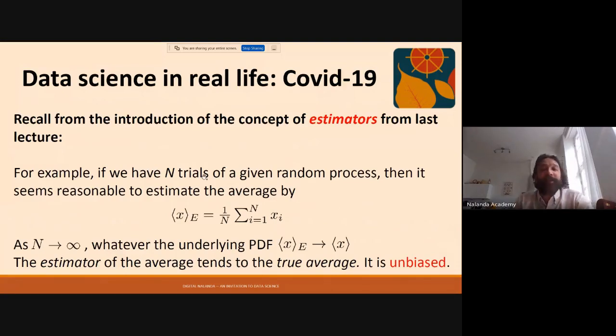You find n individuals from some sampling process. Then it's reasonable to estimate the average by just taking the sum of the heights and taking the average of your subsample. Of course, as the sample size goes to infinity, this estimator for the average really does go to the true average of the heights. It is unbiased.